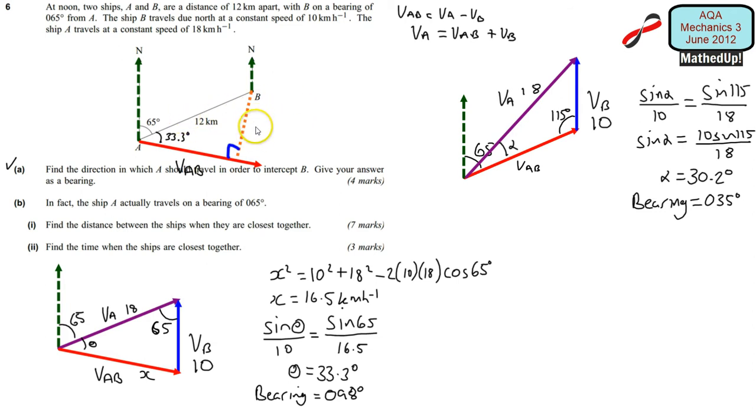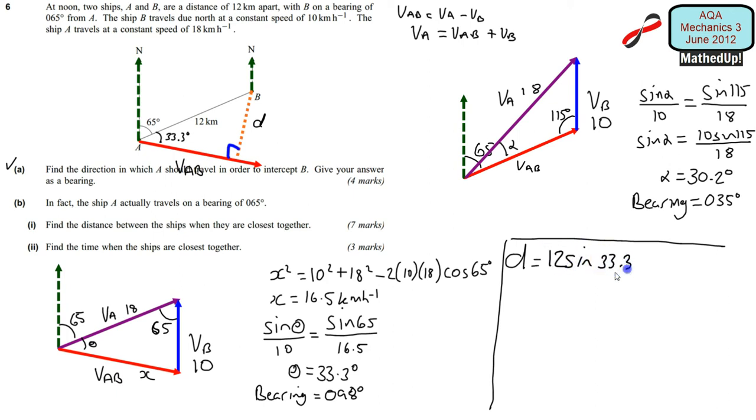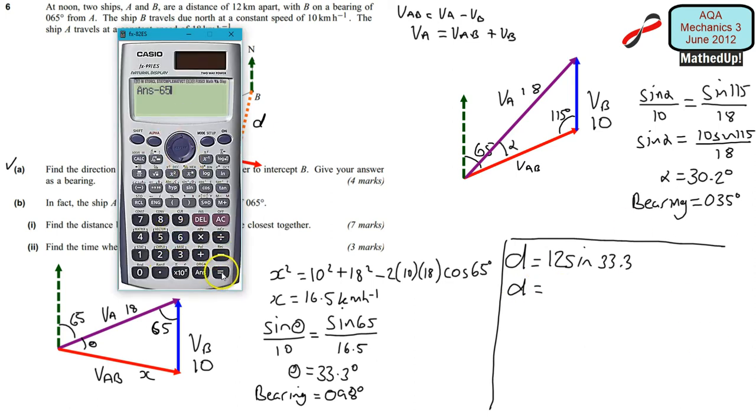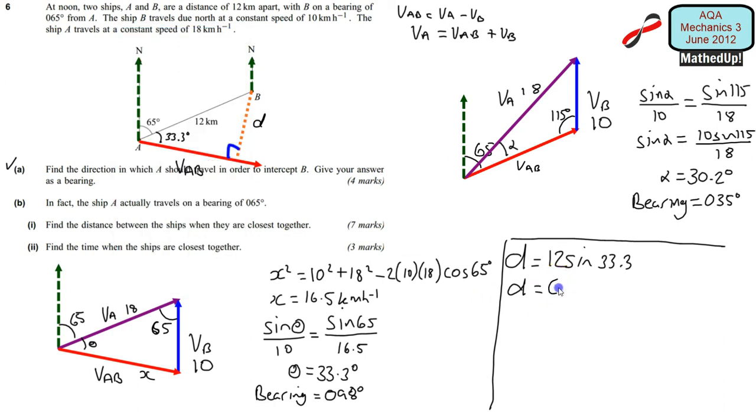So this side here, which I'm going to call D, is going to be equal to 12 sine 33.3, which gives me 6.60 kilometers.